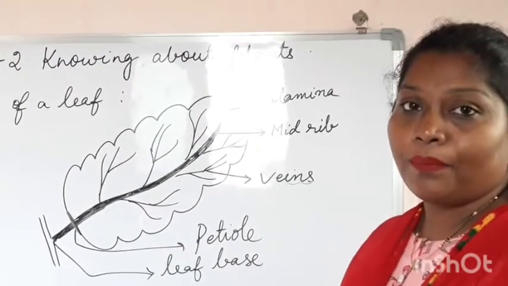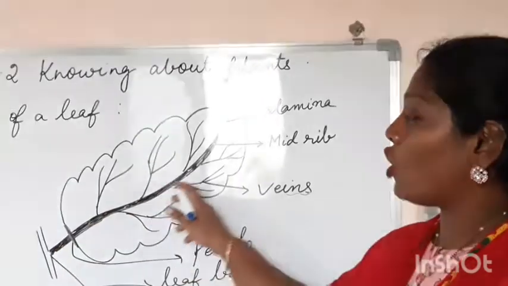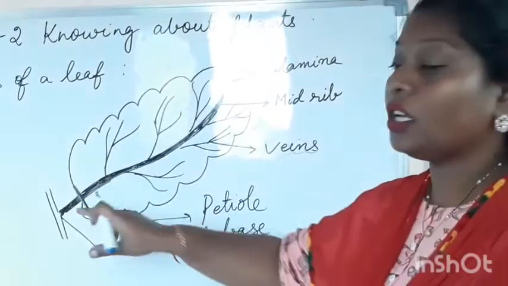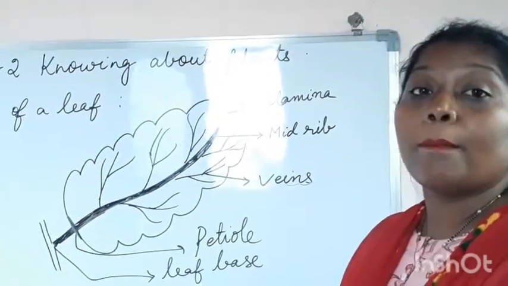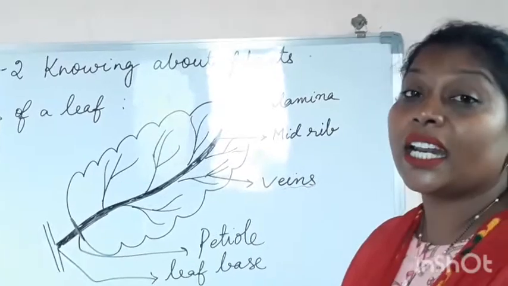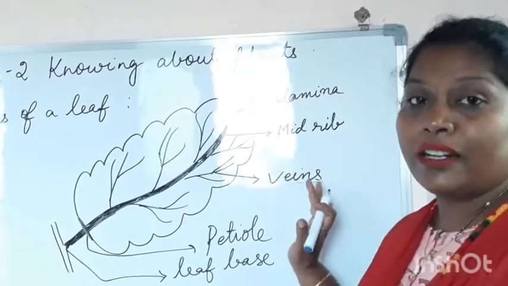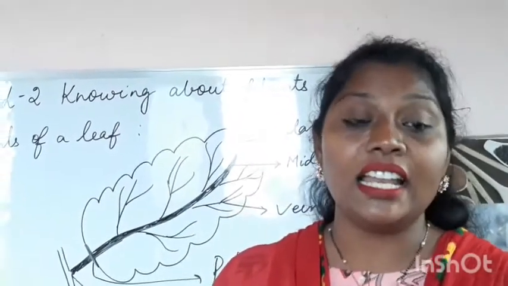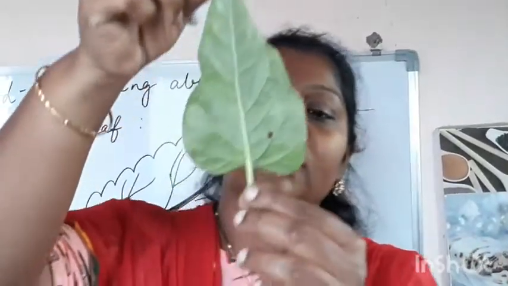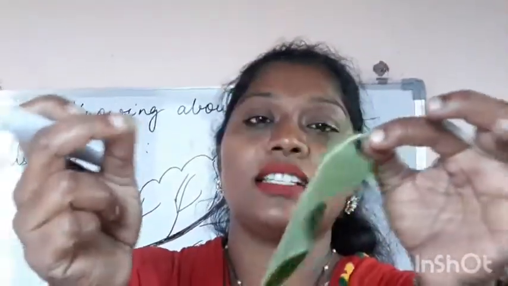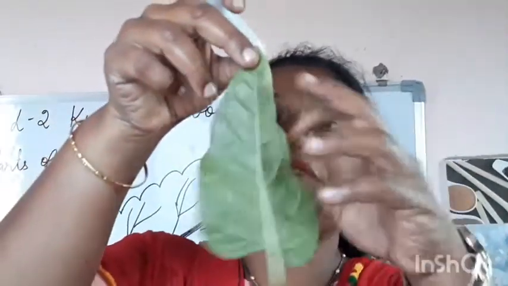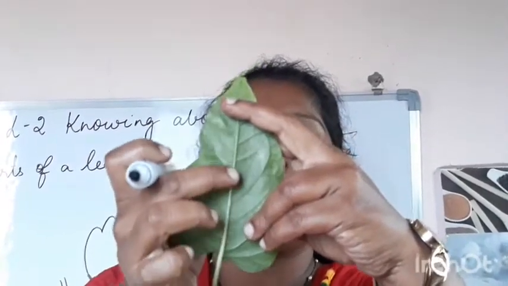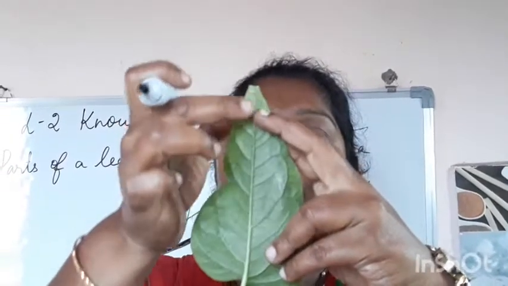Okay. Next one. If you observe here, I have drawn a black color long thing. Yes. This colored portion of the leaf is called the midrib. Midrib. Why is it called the midrib? If you observe any leaf, see here children, if you can see it clearly, every leaf will have a middle portion which is extending from the branch or the stem.